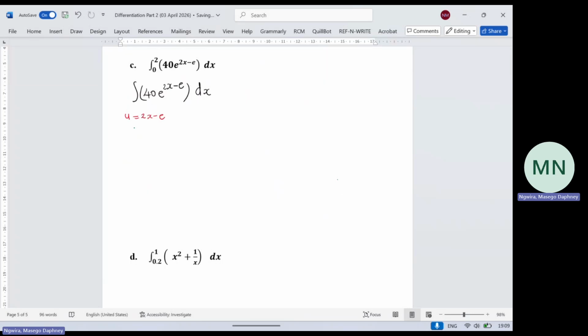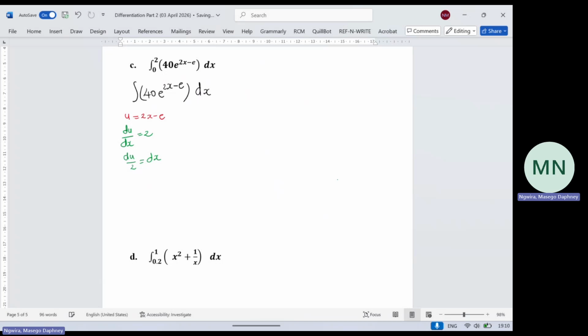The derivative of this, e is a constant, so the derivative of this is 0. So this will be du over dx, and it's going to give us 2. Then we swap. When we swap, we're going to have du over 2 equals dx.